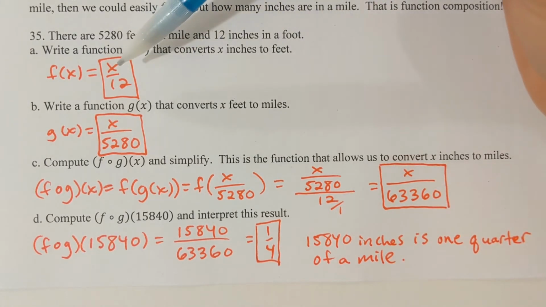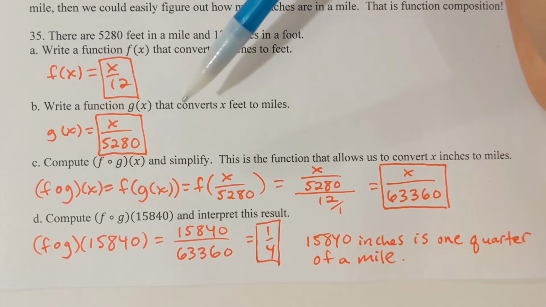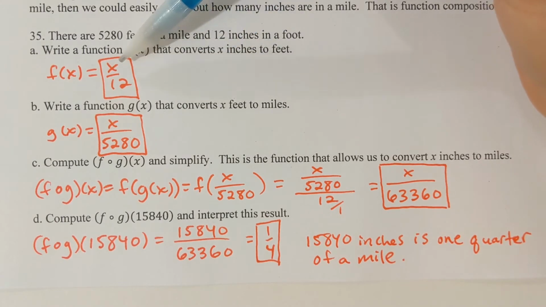So if x is 12, 12 over 12 is 1, so 12 inches would be 1 foot. If x is 24, 24 over 12 is 2, so 24 inches is 2 feet. If x is 6, 6 over 12 is 1/2. So 6 inches is 1/2 of a foot, etc.